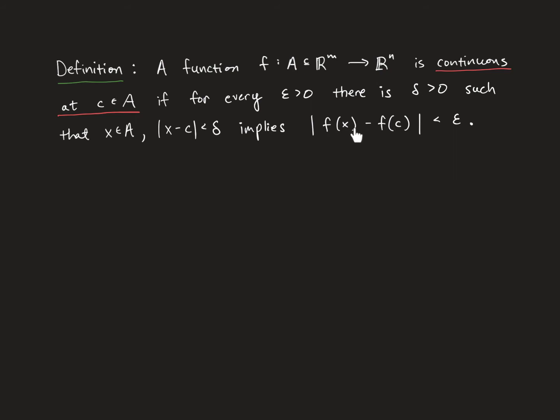So the output changes by less than epsilon from f of c to f of x.